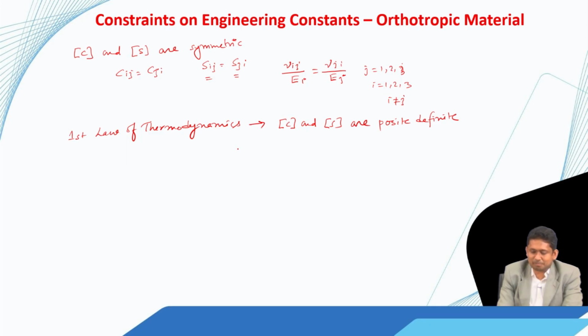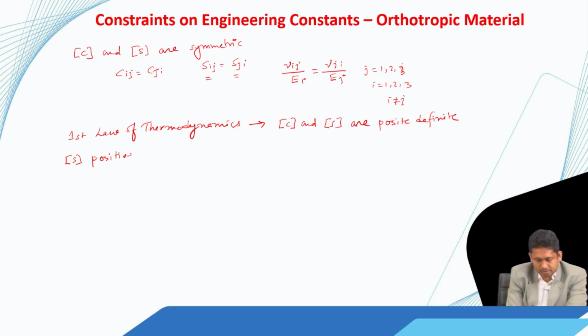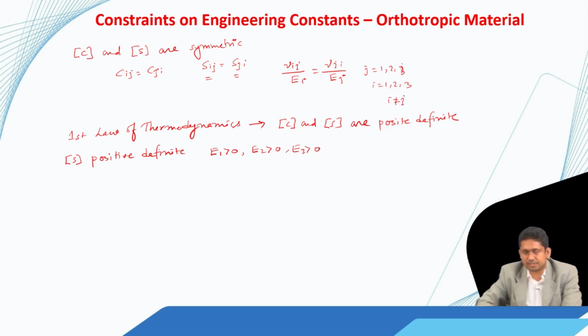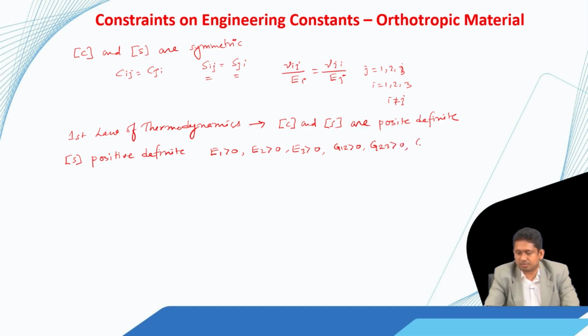So, S being positive definite tells me that E1 is greater than 0, E2 is greater than 0, E3 is greater than 0. They cannot be negative, and similarly G12 greater than 0, G23 greater than 0, and G13 greater than 0.